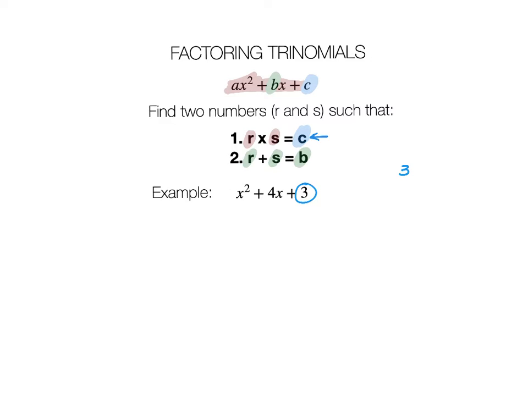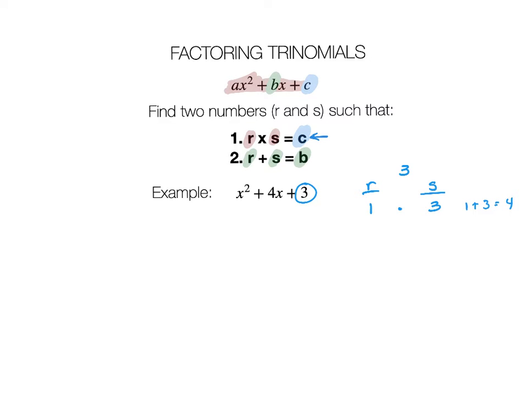And I want to find two numbers, R and S, whose product is 3 and whose sum is 4. Well, 1 times 3 is the only factors that give you a 3, and it turns out that 1 plus 3 is also equal to 4, so we're certainly going to use a 1 times a 3.